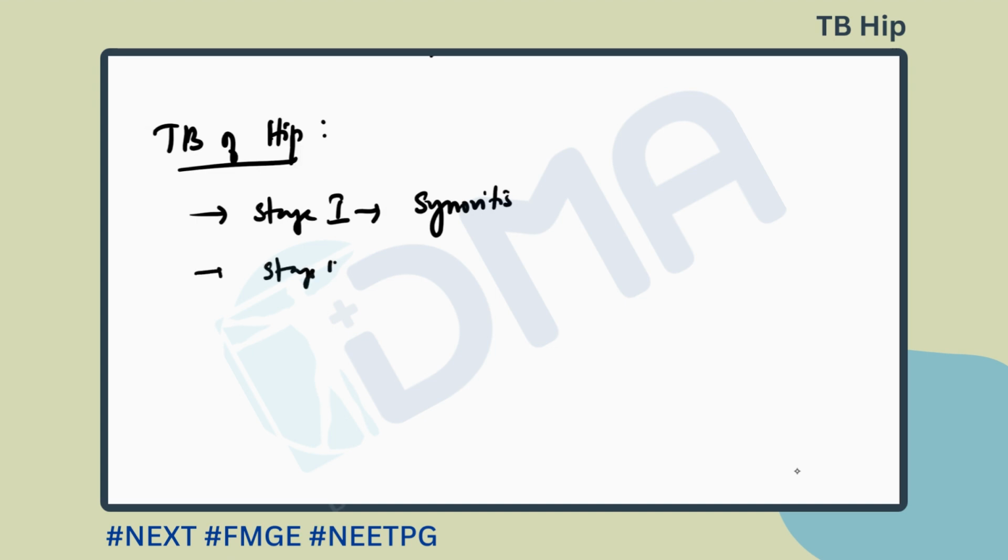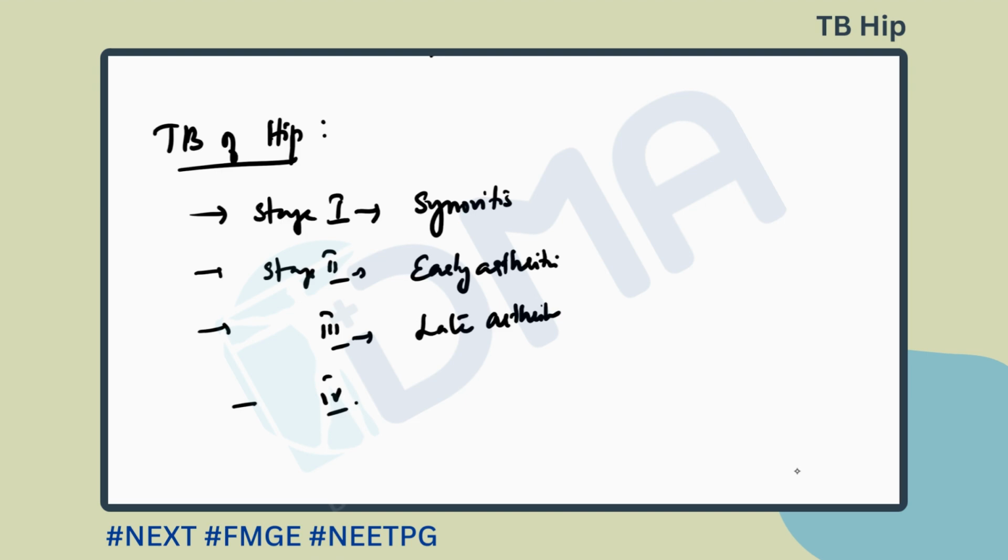Stage 2 is called a stage of early arthritis. Stage 3 is called a stage of late arthritis, and stage 4 is where you get wandering acetabulum.